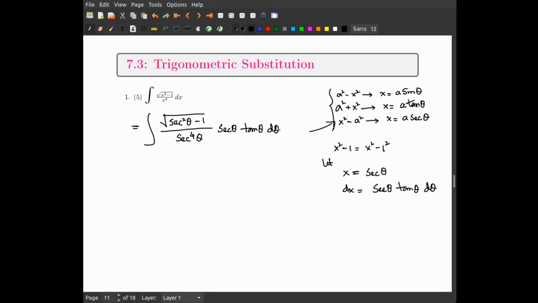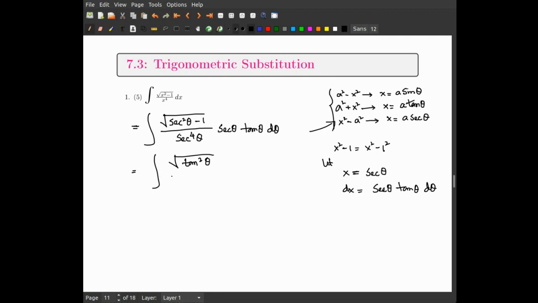At this stage, it might seem that the problem is getting more complicated or lengthier, but trust me, it's not like that. It will make your life easier when you are done. So the top one, secant squared theta minus 1, we know this is a trig identity, so this would be tan squared theta.